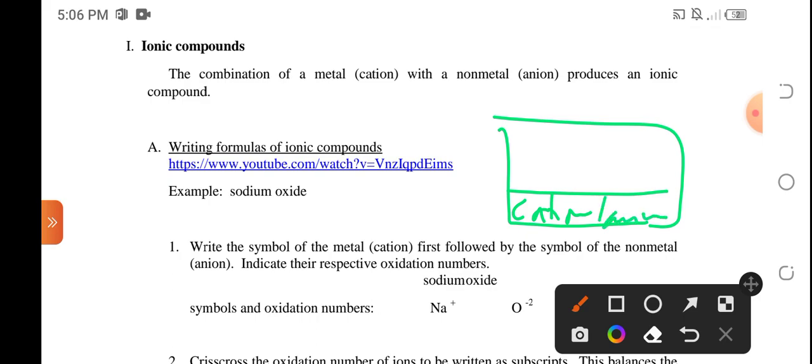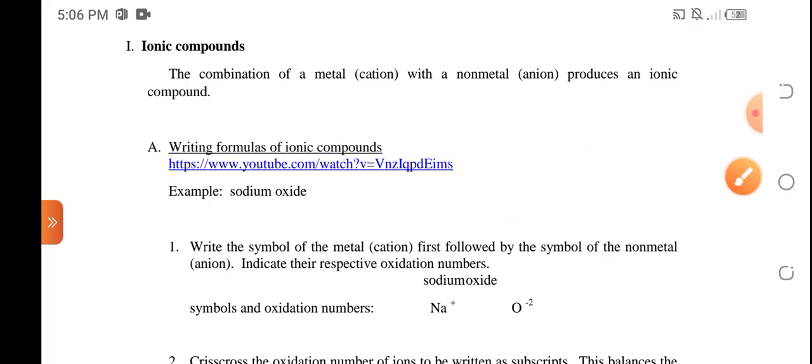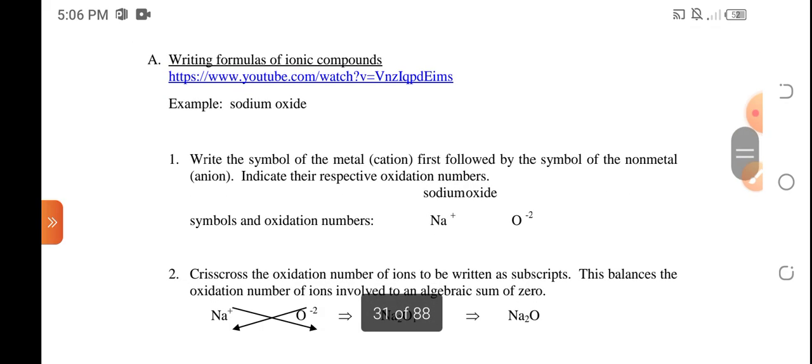Kung wala naman diyan, dun sa likod ng mga periodic table niyo. Okay, so kunyari yan yung periodic table niyo. Okay, so dito may mga nakalista, pakihanap na lang yung mga lists of cations and anions. Okay? Now, for writing of chemical formulas, meron tayong mga rules na susundin.